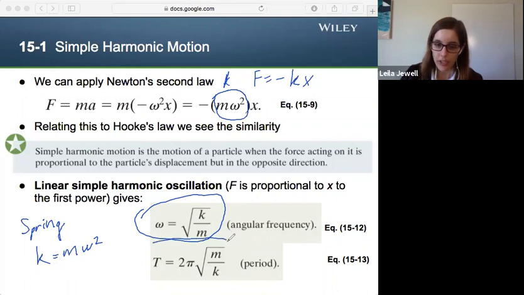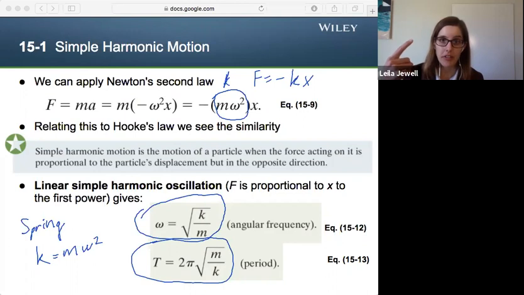A few really key things to note with both of these equations, because they're basically the same equation, just slightly different parameter that we're solving for. But it tells us that the frequency or the period depends only on the mass and the spring constant k. There's nothing about the amplitude of the motion. There's nothing about how fast it's moving.